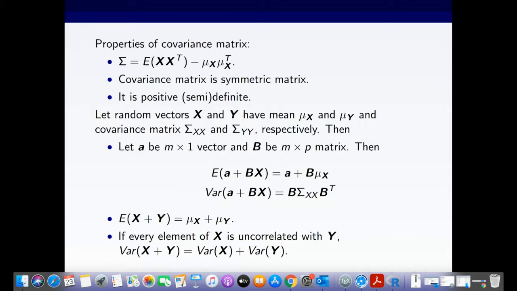This is the definition of positive definite.